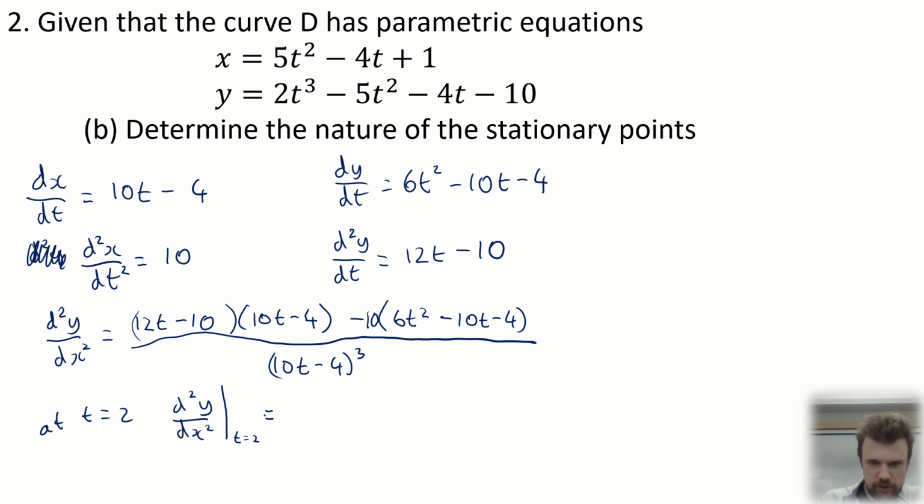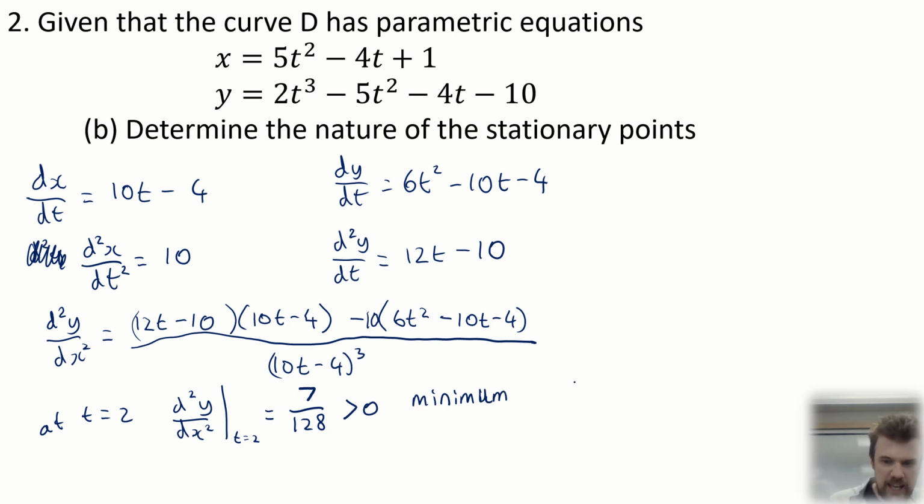Minus 10 lots of 24, take away 20, take away 4, all over 16 cubed. So you get 7 over 128. There you go, got the answer eventually. 7 over 128 is, of course, bigger than 0, so it's a minimum, if I can spell the word minimum.